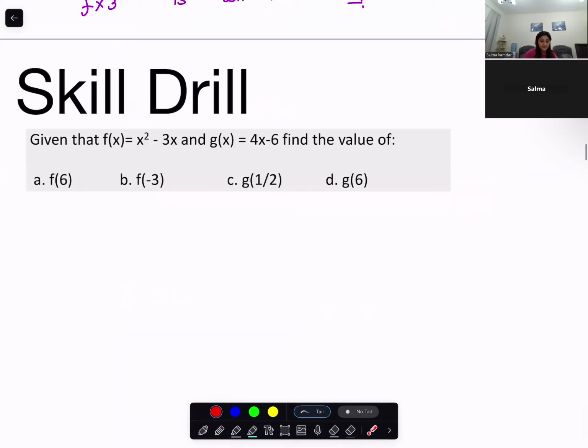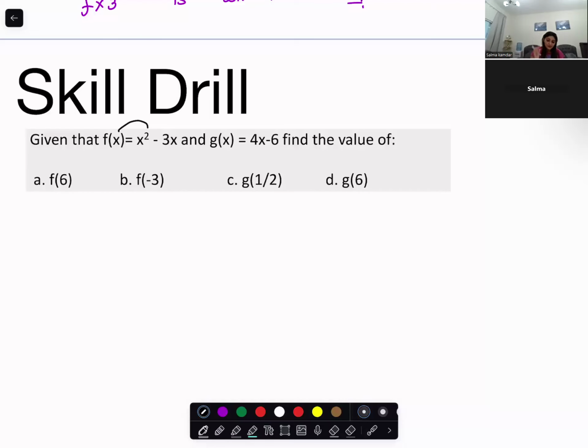You are given f of x is x square minus 3x and g of x is 4x minus 6. They want you to find f of 6. That means the value of your function when x is equal to 6.